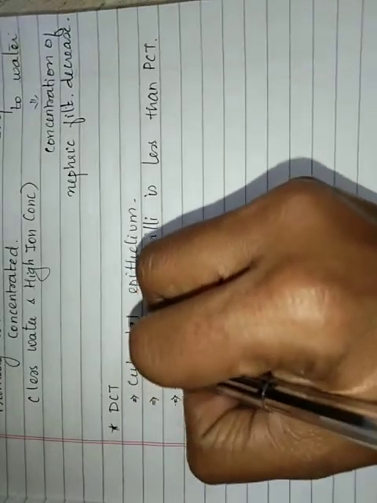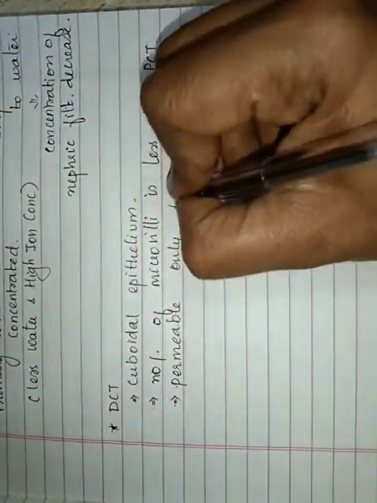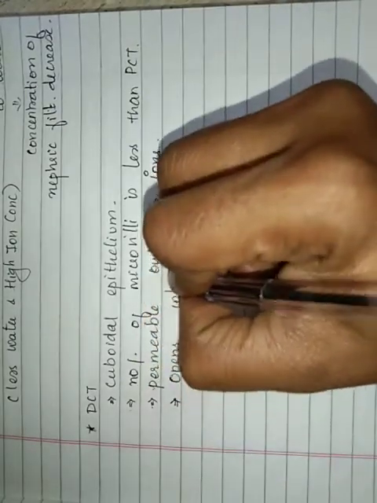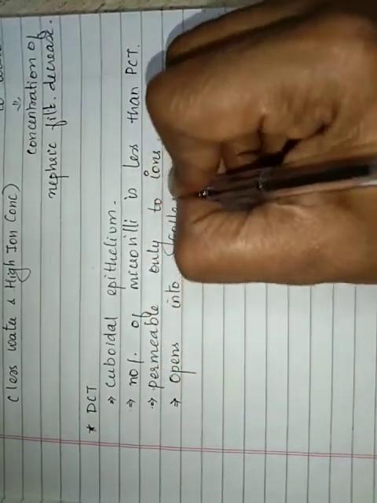And this DCT is going to be permeable only to ions. Most of the ion transport, ion reabsorption or excretion of ions ரெண்டுமே வந்துட்டு DCTல தான் நடக்கும். And this DCT opens into collecting duct.